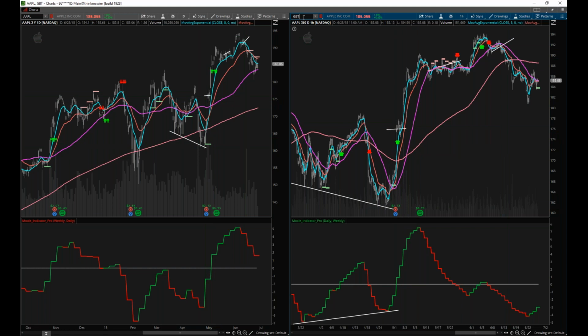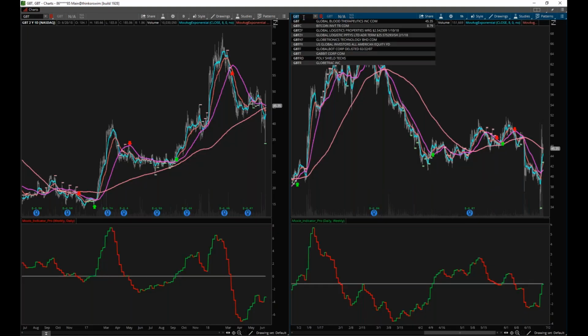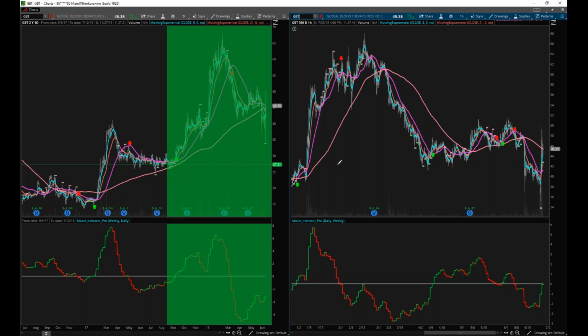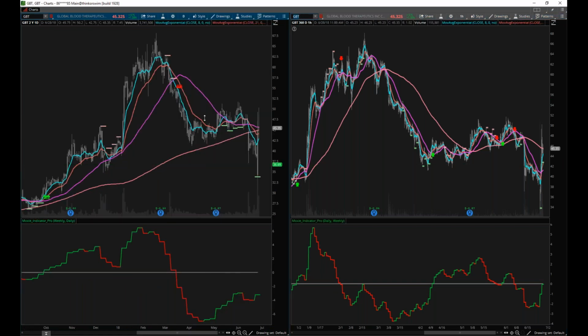And GBT, this is another one that I've been looking at. I'll show you too how this one didn't work out and how the Moxie indicator let you know that it wasn't going to work out. So starting from even way back when, look at this. On the daily chart, price looked like it was kind of walking itself up the daily 200, which is the salmon colored line.